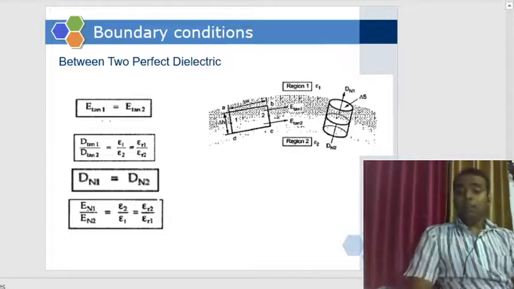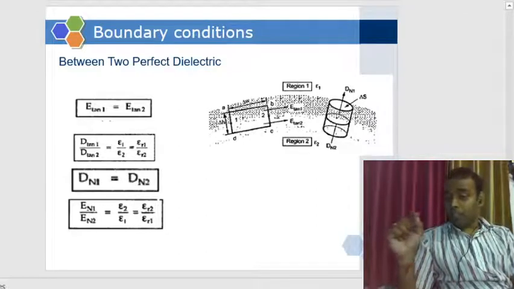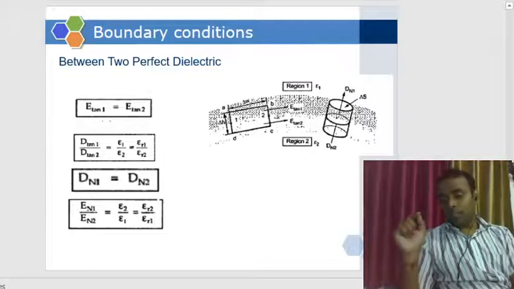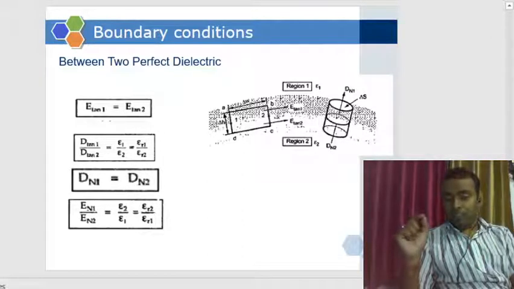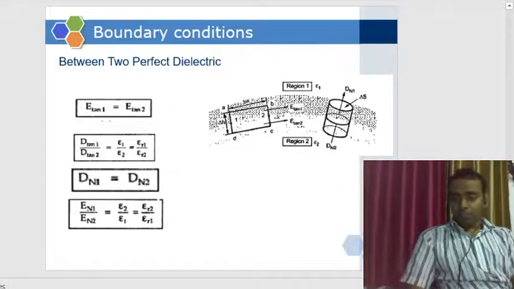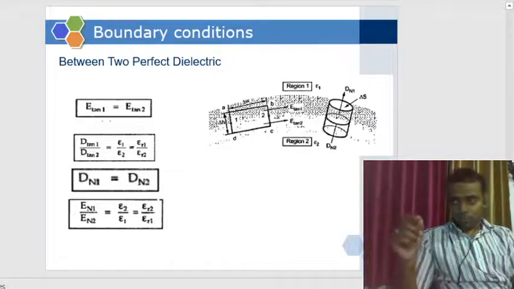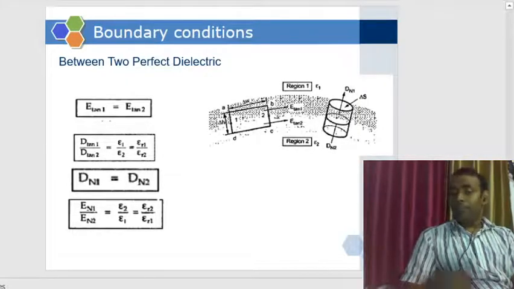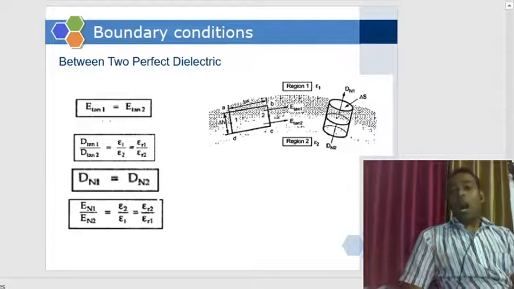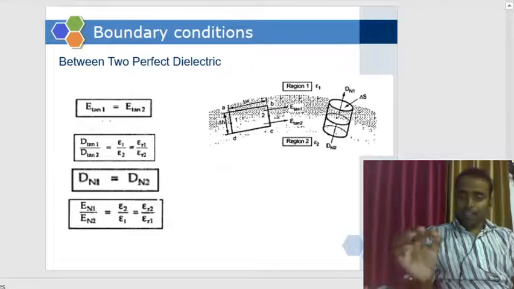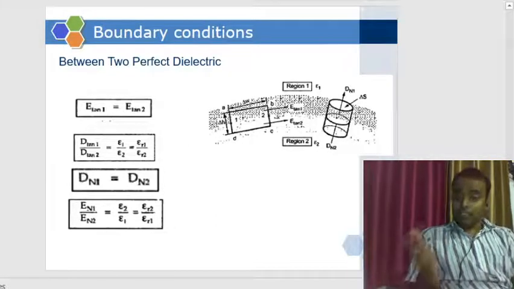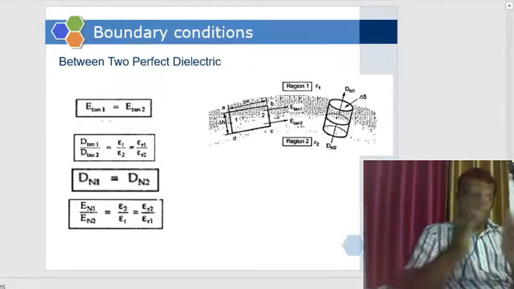And the second will be epsilon 2, equal to epsilon naught into epsilon r2, where epsilon naught is the absolute permittivity, the same as the first one, and epsilon r2 is the relative permittivity for this dielectric. How the electric field intensity and flux density will behave for these two dielectrics, that will be the same.